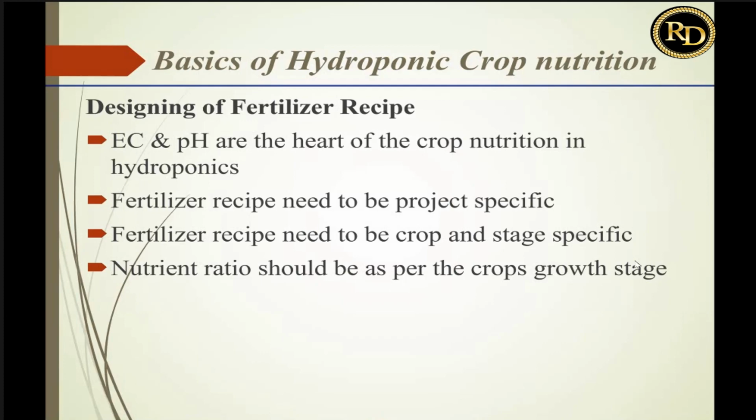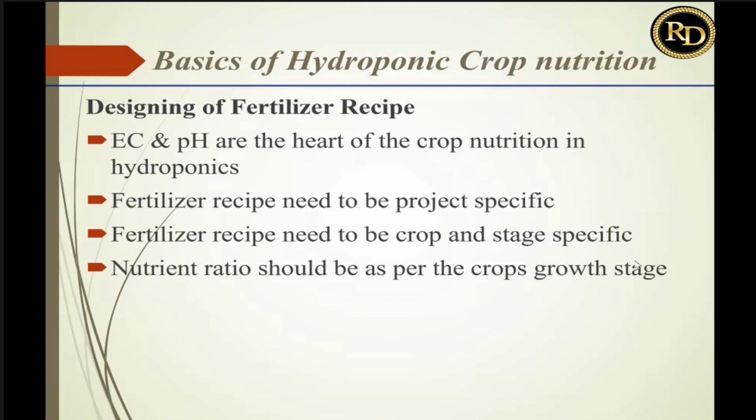Okay. Next basic about crop nutrition in hydroponics is that the fertilizer recipe needs to be crop and stage specific. If the crop you are growing is leafies, then your fertilizer recipe needs to be for leafies. If it is tomato or pepper, the recipe needs to be that way.